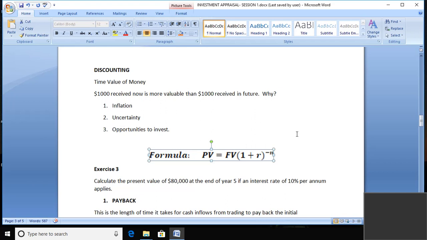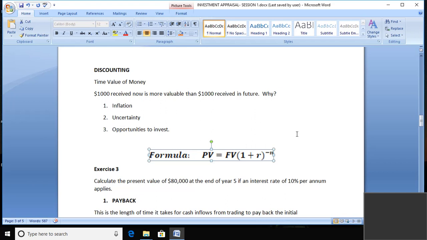This is the factor you multiply by any future amount in order to bring it down to the present value. Now, discounting is a method that looks at the time value of money.